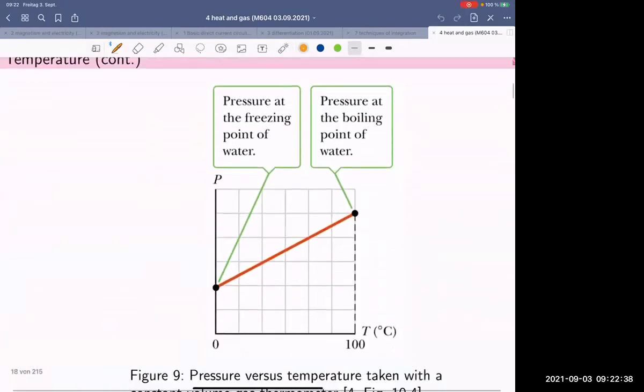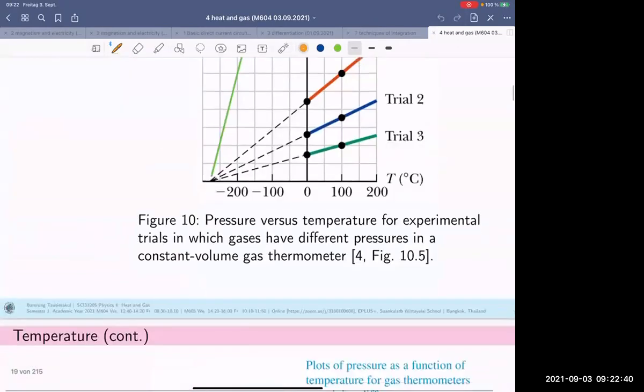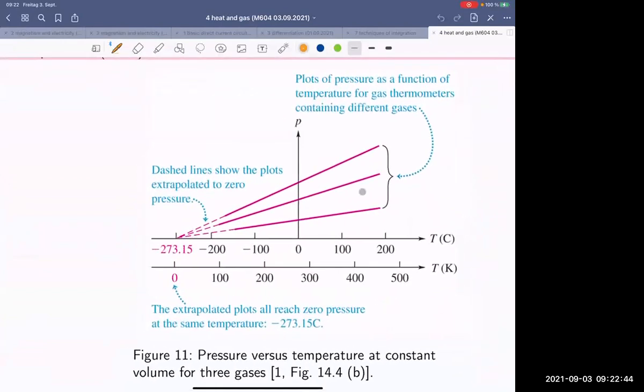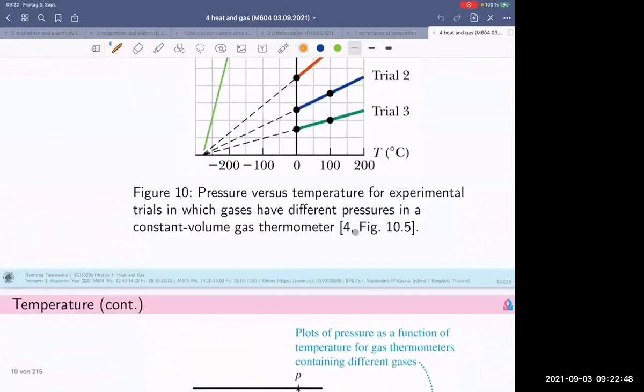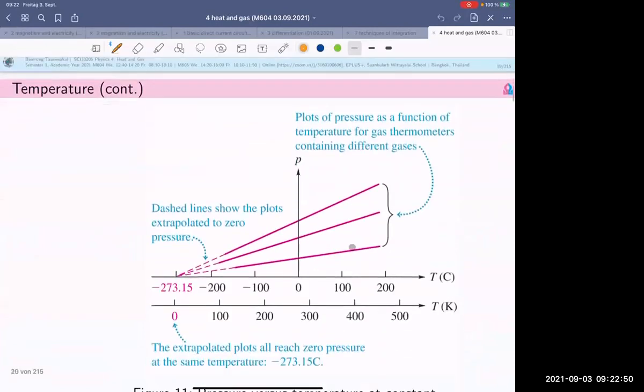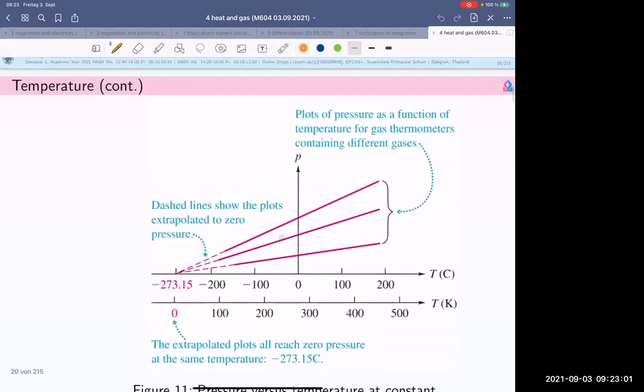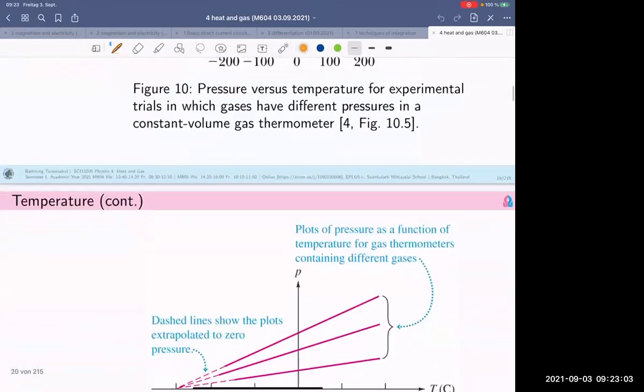Okay, yeah, this one we have already considered. Yeah, this one is also the same thing. Okay, but it's taken from another book. This one is taken from the book number 4. This is from book number 1. Plot of pressure with respect to time. Okay, and yeah, this one is more detailed.